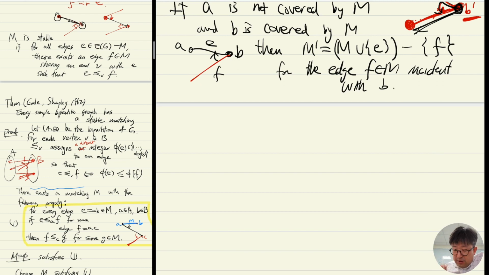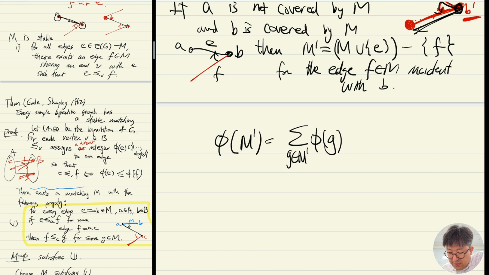Now the thing is, phi of M prime, which is the sum of the edges in M prime, is strictly bigger than phi of M. And does it satisfy 1?